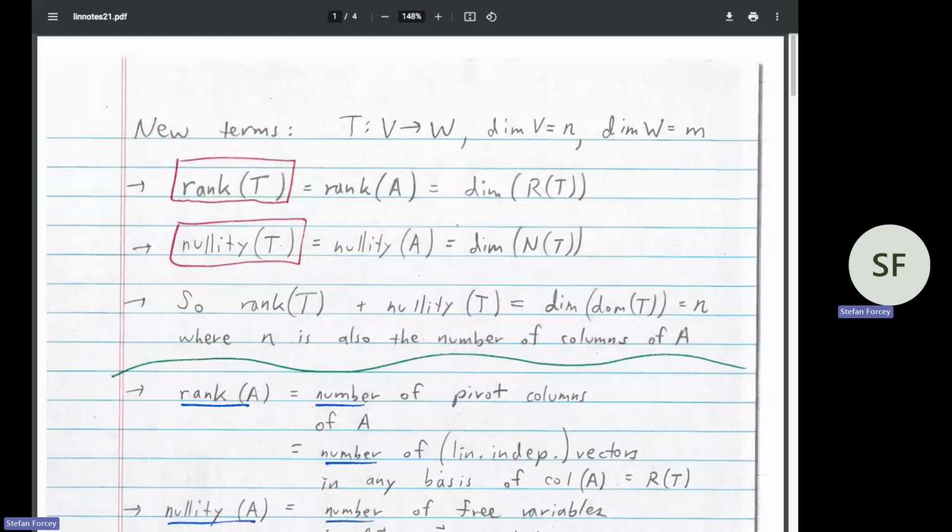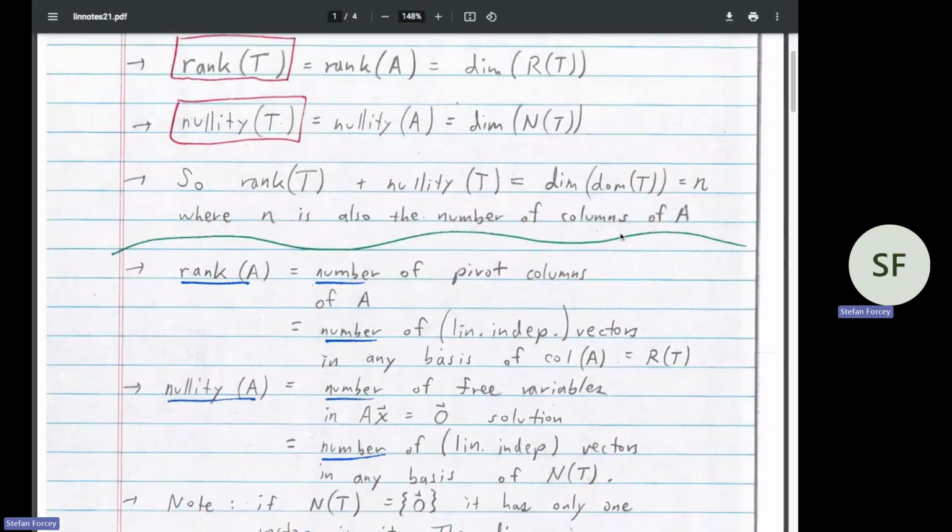So that nullity could go up to N. So now we know that the rank and the nullity add up to being the dimension of the domain. So they add up to N. And it's also the same number of columns of A. It's the dimension of V. So N.